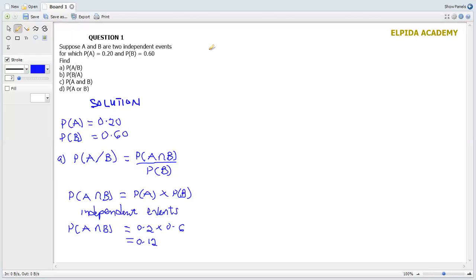So let's solve our question. The probability of A given B is the probability of A intersection B all over the probability of B. A intersection B is 0.12, so we have 0.12 all over the probability of B, which has been given here as 0.6, and this will give us 0.2.